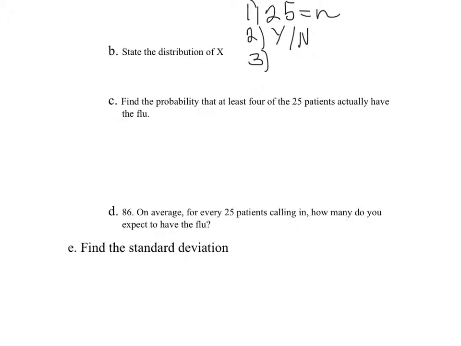So we know that the observation of the nurse said that the probability for the general population that the one person that calls really has the flu is 4%. Okay, and we consider each call to be independent.